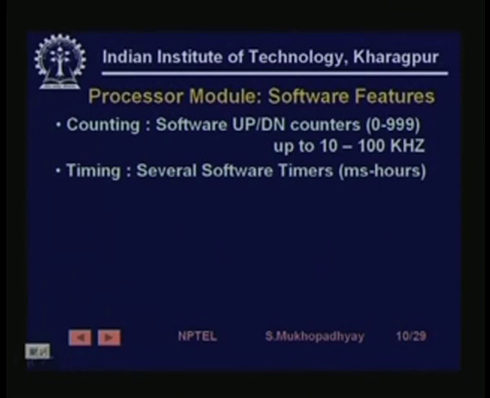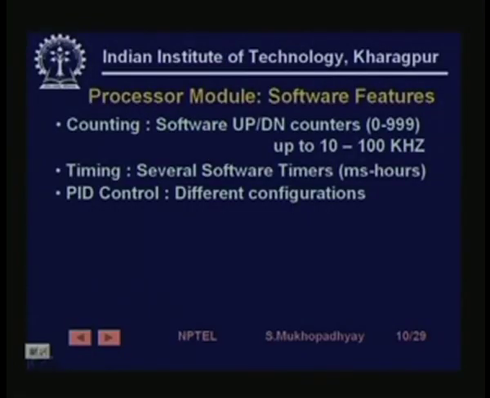So you have standard things that are supported, like for example basic counting and timing functions, some software up down counters, quite a few of them actually, from 0 to 999 typical value, and several timers which can time durations of the order of milliseconds to the order of several hours or even sometimes days are available. You have various standard control algorithms already pre-coded, so that the users can easily configure their systems.